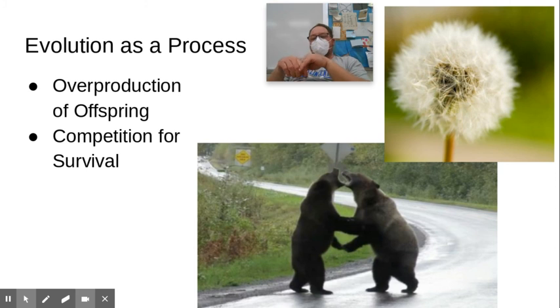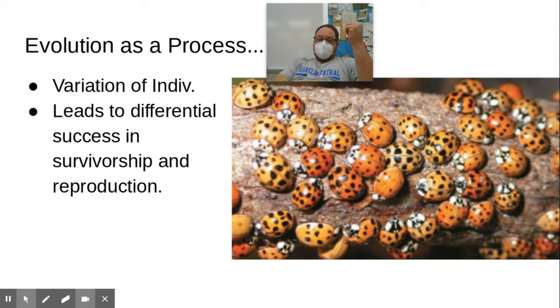Or you see in the example in the image here, the little dandelion, you have all these little dandelion seeds. You can get a lot of dandelions growing in a yard, but you don't get as many mature dandelions as you do offspring. So there is this high number of offspring that are created, but there is competition for those limited resources. Okay, so again, not everybody gets to survive and reproduce.